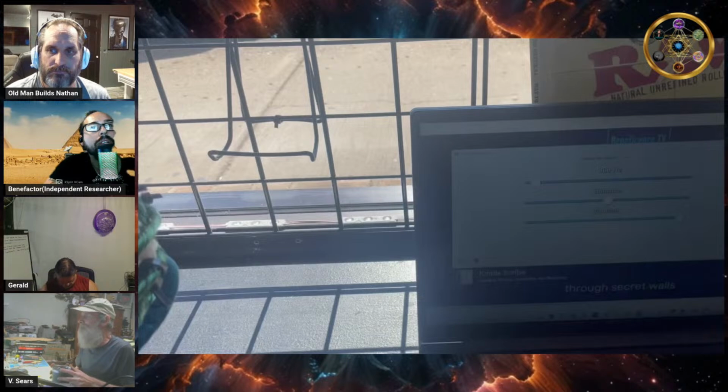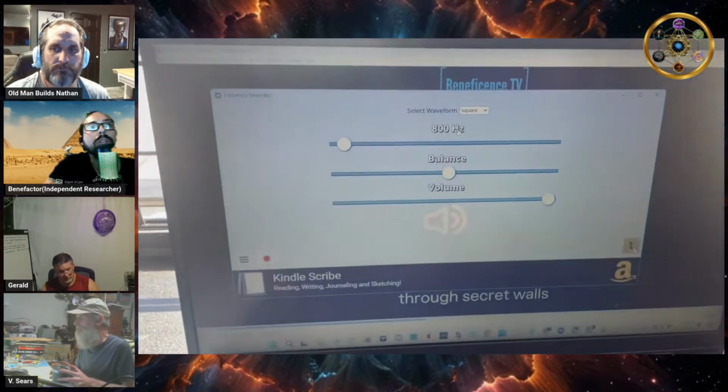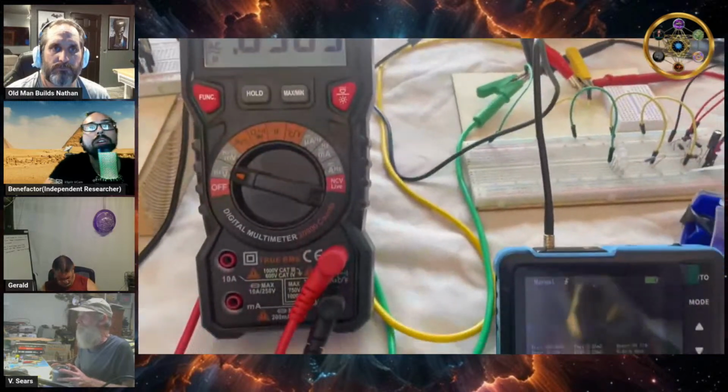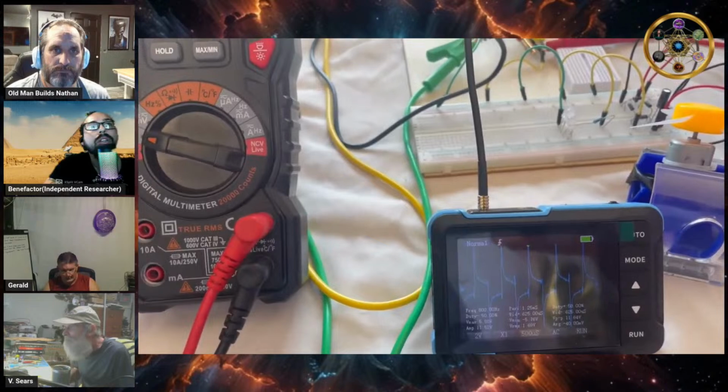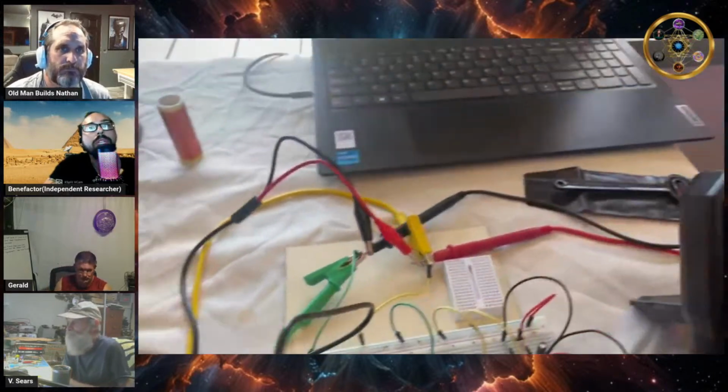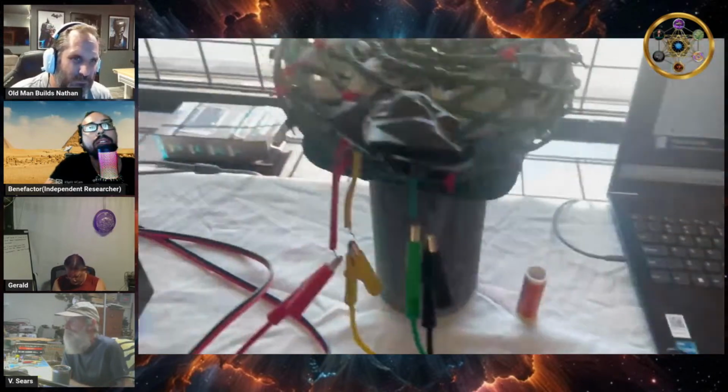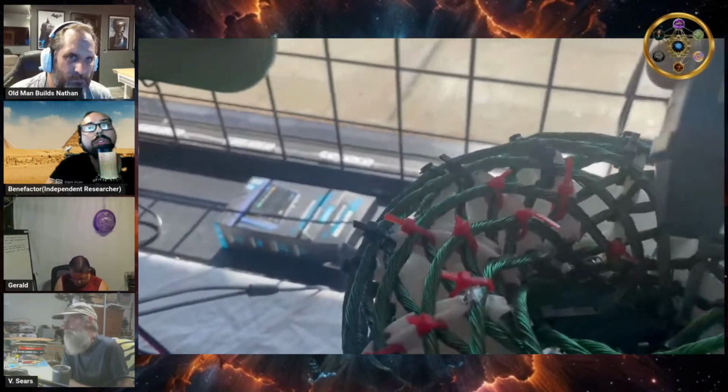I found it one time and I was like, how did I do that? I just needed to crank up the power. So when you resonate this coil at 800 hertz and you get this waveform, you crank up the power to, I think, at least 30 volts.